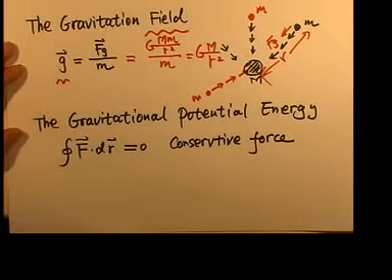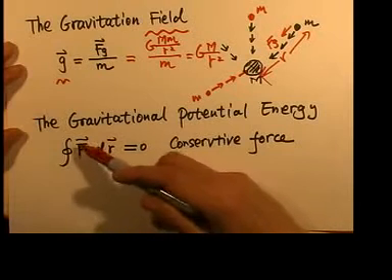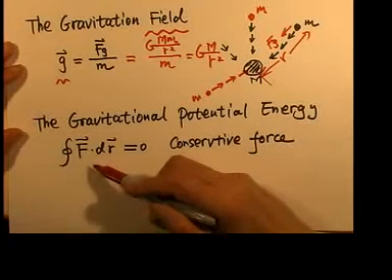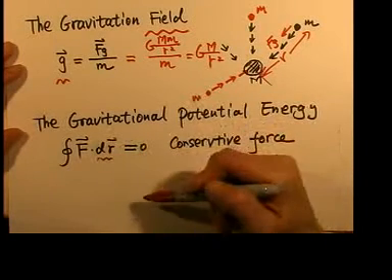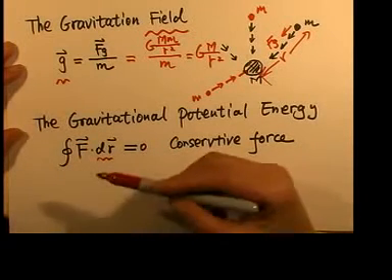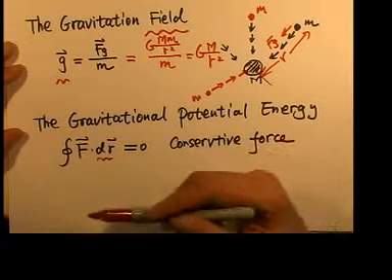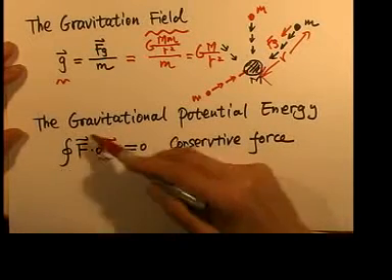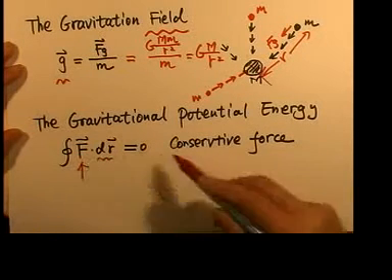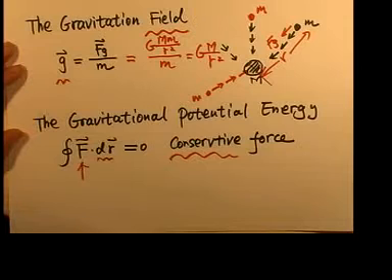The definition of a conservative force is this: if there's a particle with a force on it, and that particle moves a distance dr, and this symbol means you finish a closed path, you start from point A, you go somewhere, you're back to A, that's a closed path. If this integral comes out equal to 0, then that force F is a conservative force. Very weird definition. Well, that is from your survey book, chapter 8, the definition of conservative force.